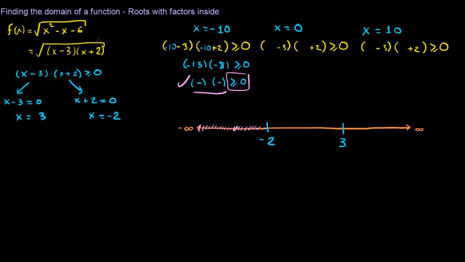Now I'm going to do the same for the second value of x, which is 0. Here I'm going to place 0 and 0, so this will be negative 3 times 2 greater or equal than 0. Again we are concerned only with the signs, a negative times a positive.